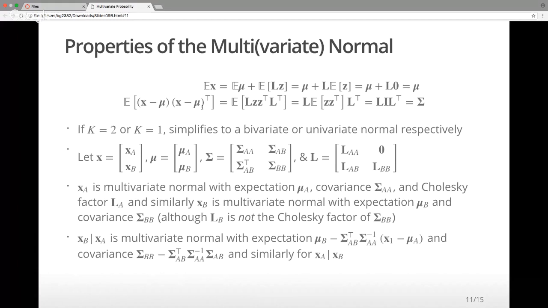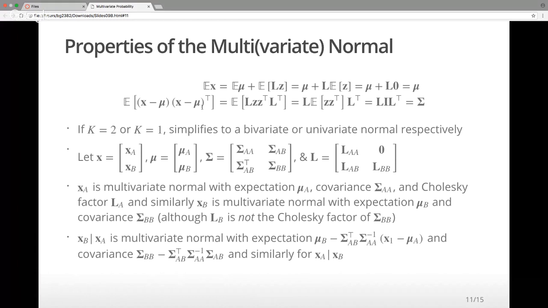L is a constant. We can pull it out of the expectation operator. The expectation of Z is a vector of expectations of standard normals, a 0 vector. So L times 0 is 0. Consequently, the expectation of X is mu under a multivariate normal distribution.